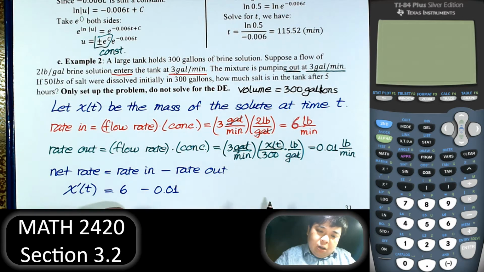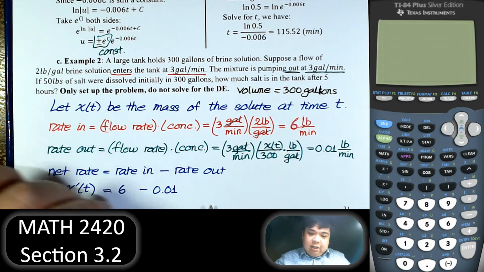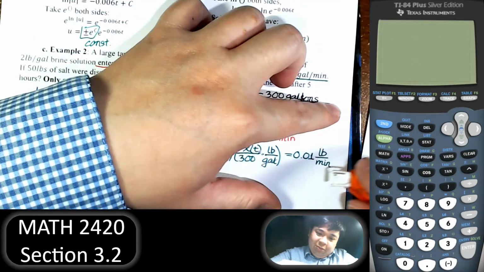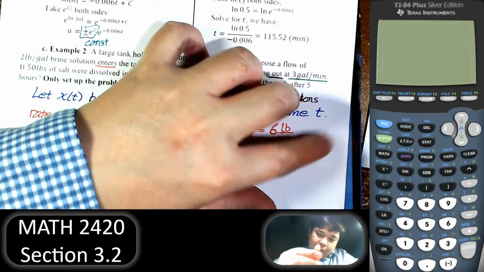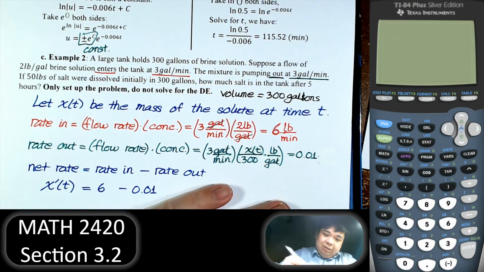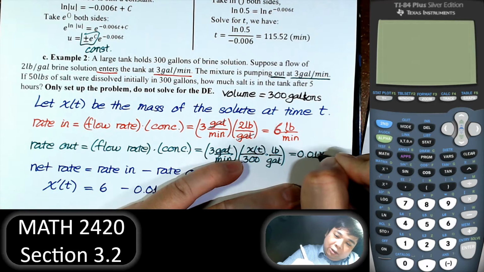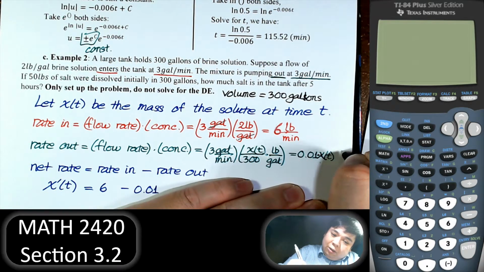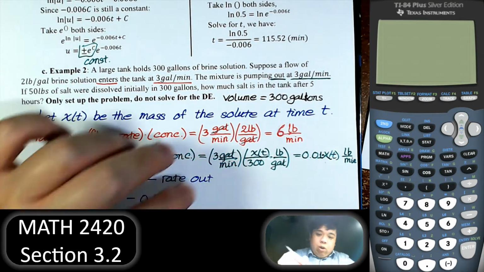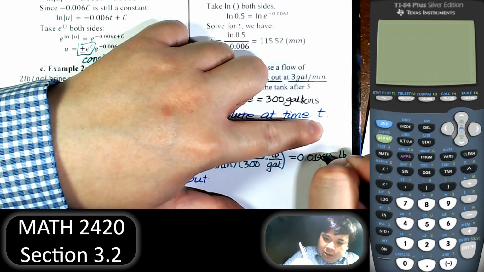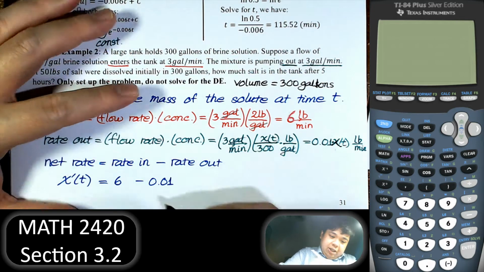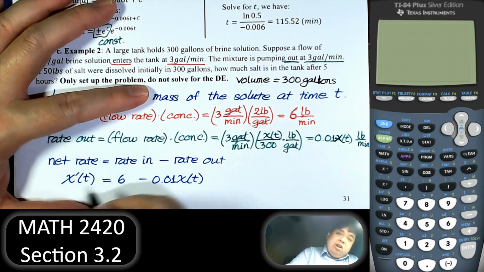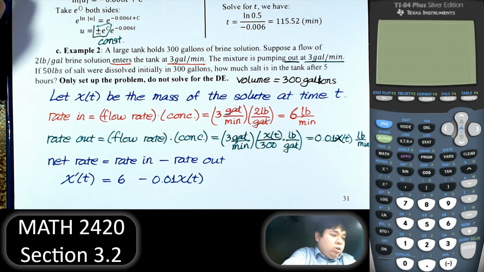I forgot something, right? Times x. 0.01 times x. And so we have that times x of t. So this is the differential equation, which is good.